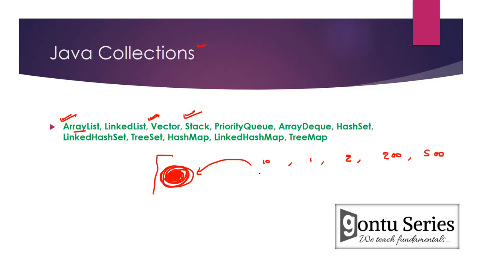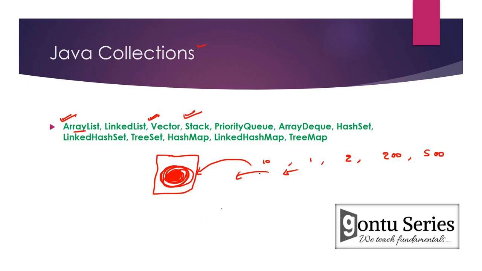Now this is a very special container. The property of this container is that when you add elements to it, the order in which you add elements is very important for this container. So what happens when you want to retrieve elements from this?